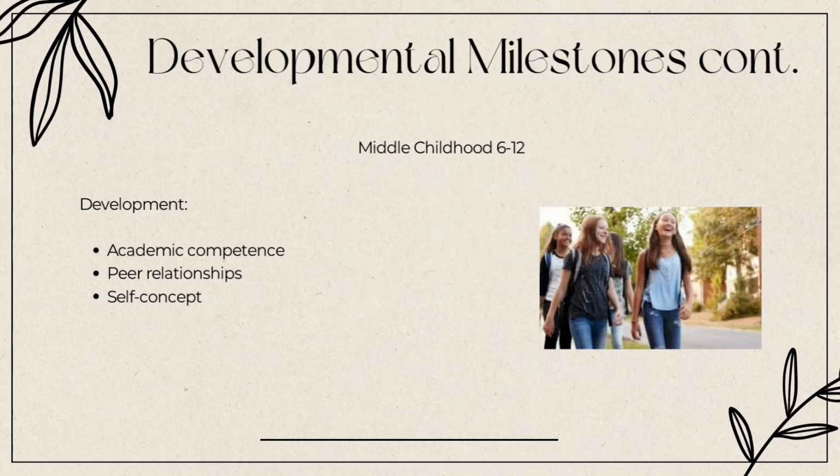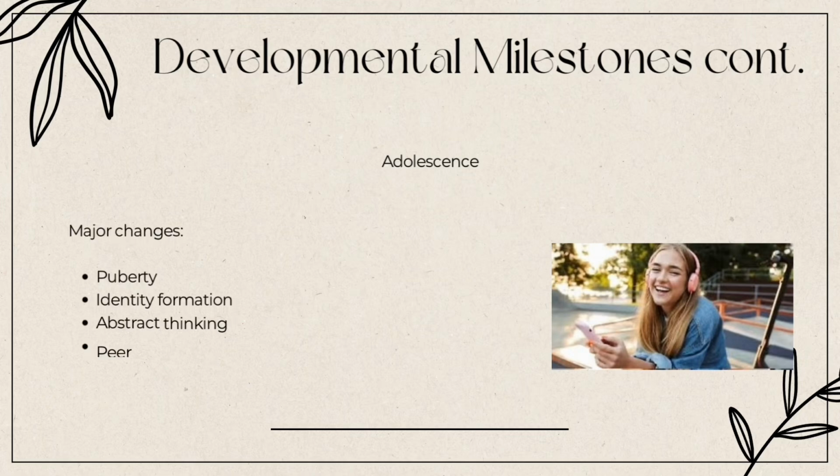Middle childhood is ages 6 to 12 years old. Development includes academic competence, peer relationships, and self-concept. Adolescents have major changes such as puberty, identity formation, abstract thinking, and peer influence.